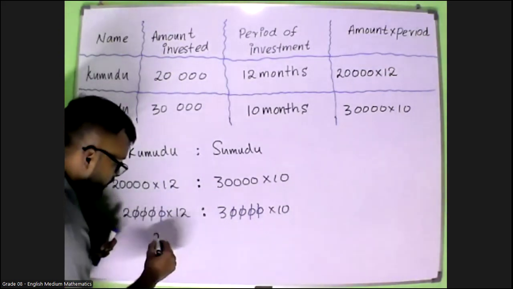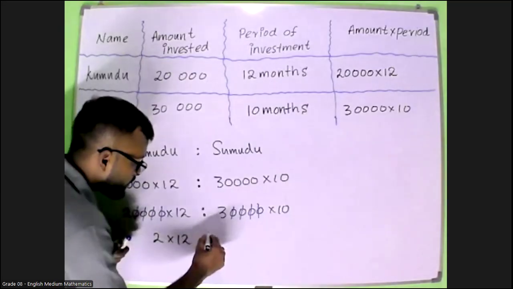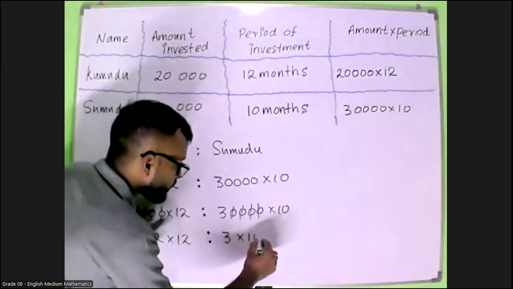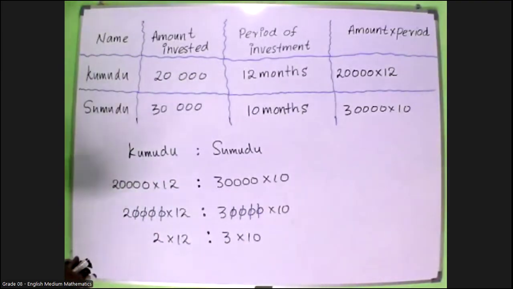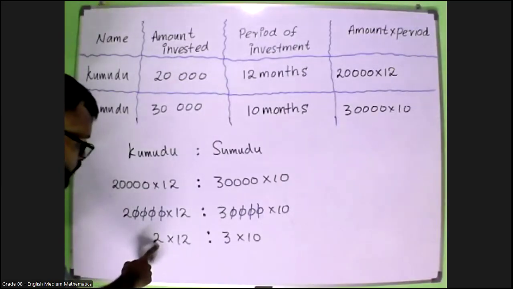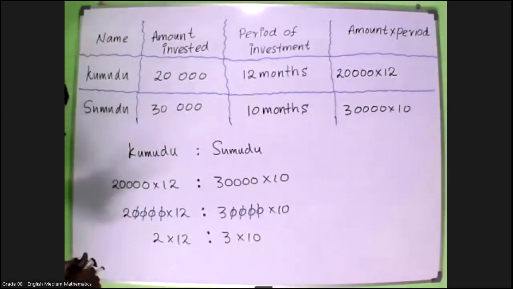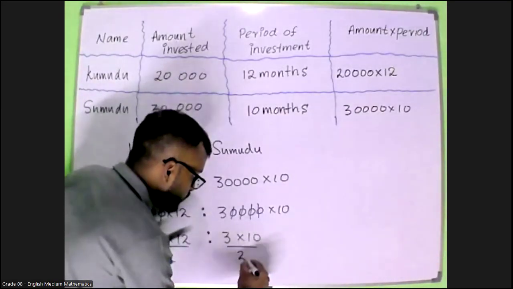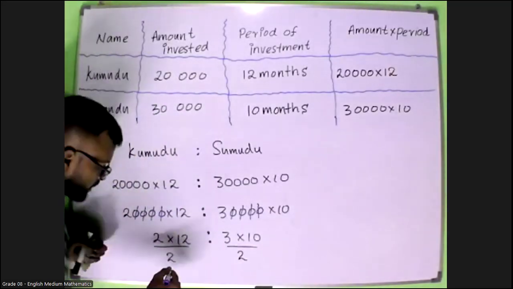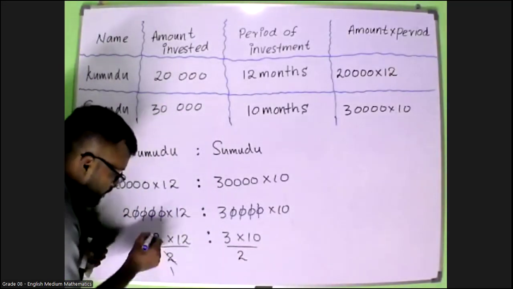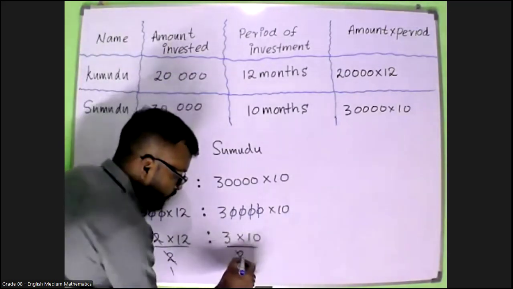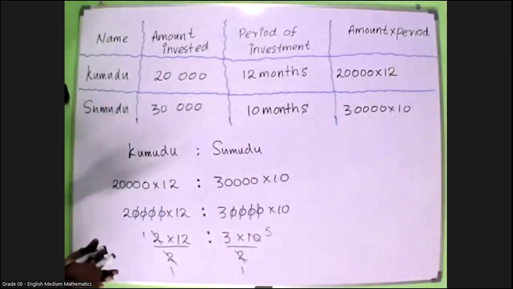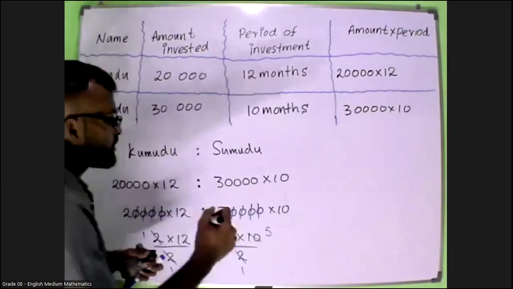Here you have 2 times 12, and 3 times 10. You have 12 and 10. You can divide both sides by 2. So you obtain 2 times 1 and 2 times 5.